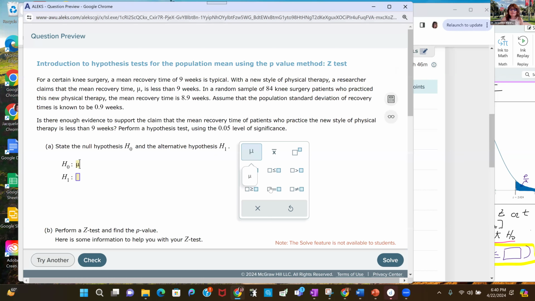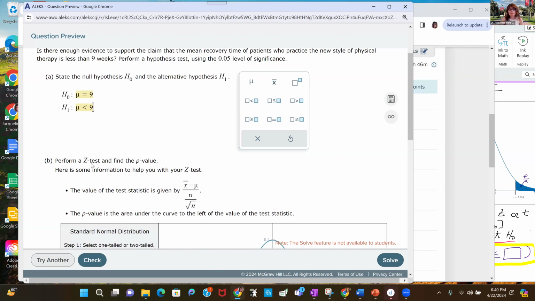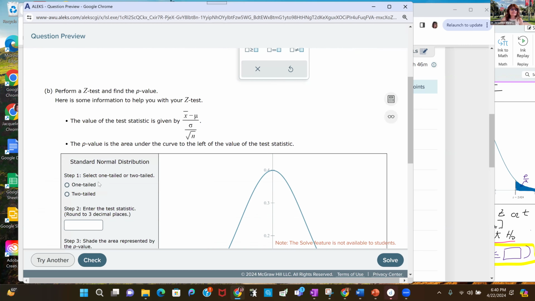So the null hypothesis is that mu equals 9, and the claim is that it's less than 9. So that is the alternative hypothesis. Now we're doing a z-test and finding the p-value, which is the area separated by that test statistic. So this is a one-tailed test.